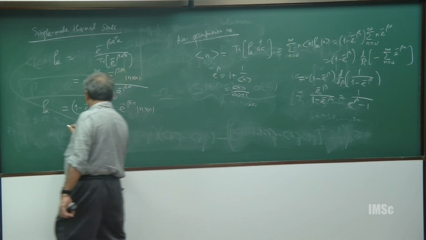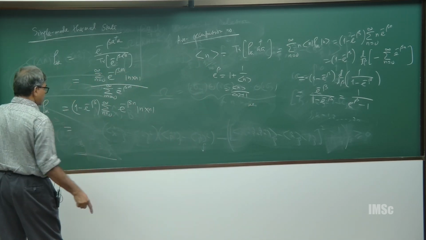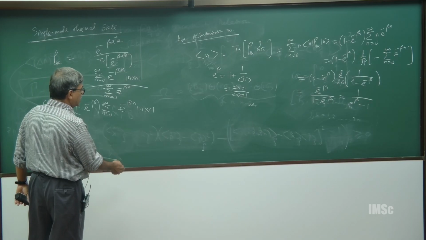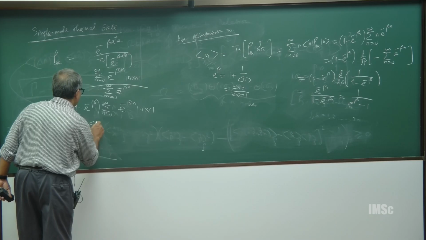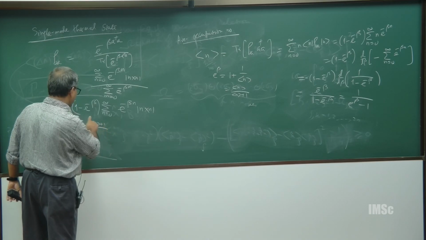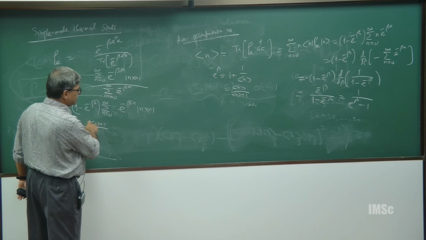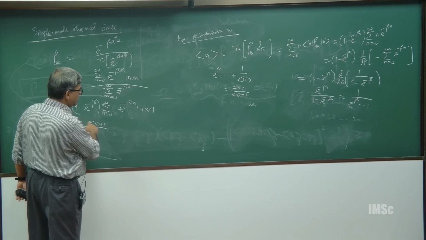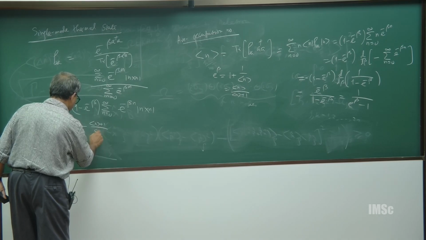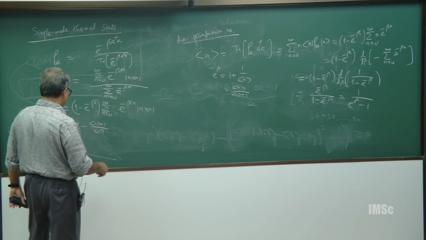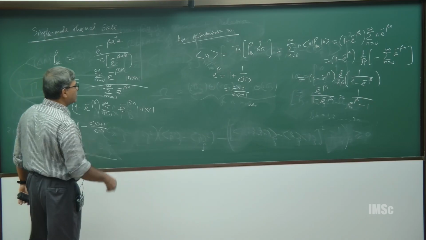So, this I can write as... No, is that correct? Minus beta. No, then there is a problem. There is a minus sign. Where is this minus sign coming?